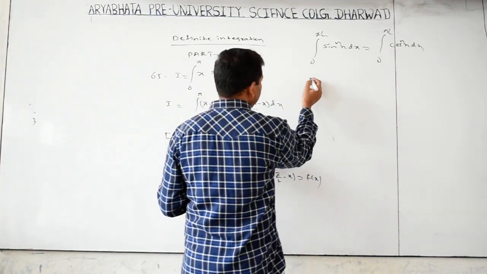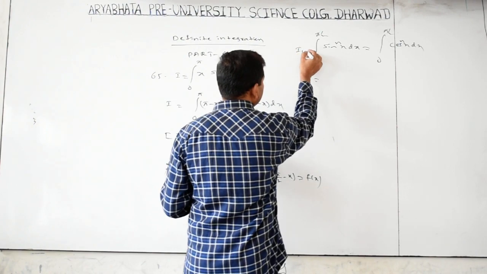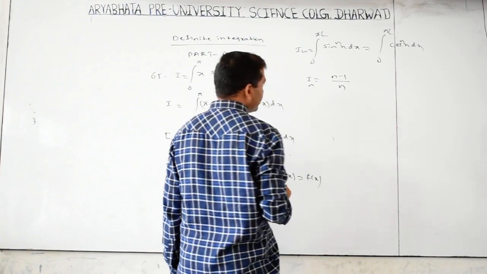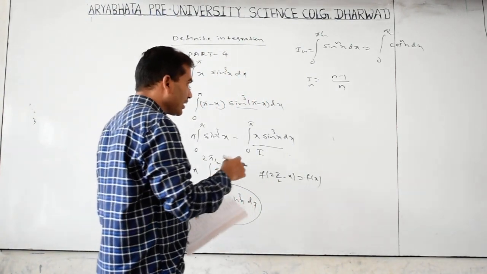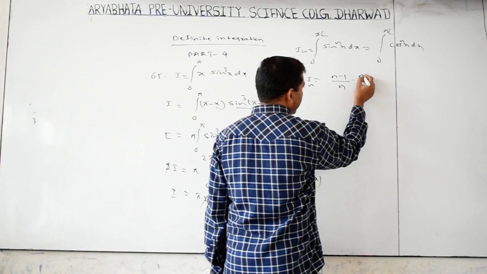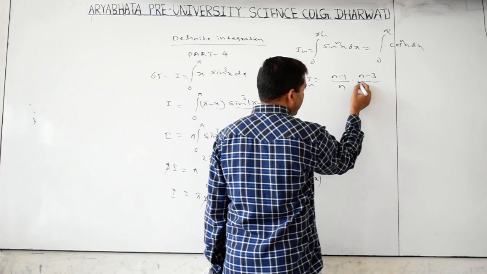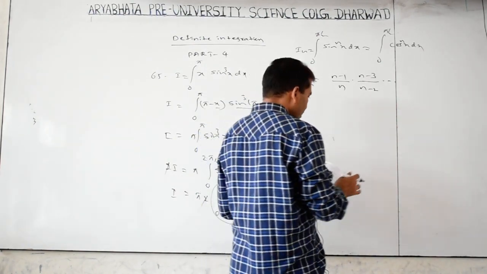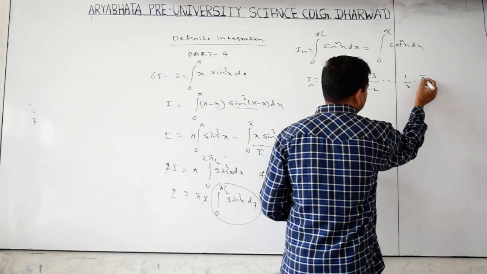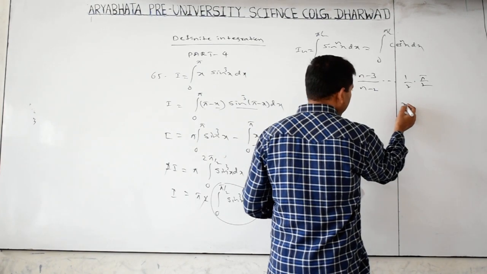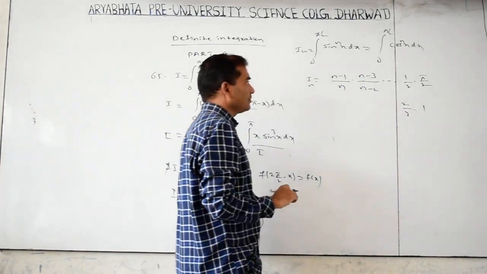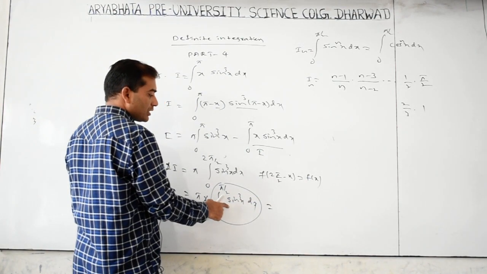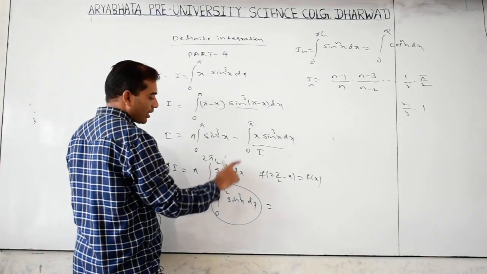The value, the nth integral I n, equals n minus 1 by n, then decreasing by 2 in the numerator, n minus 3, and the same in the denominator, n minus 2, and so on. If the last factor is 1 by 2, then multiply by pi by 2; if 2 by 3 comes, multiply by 1.